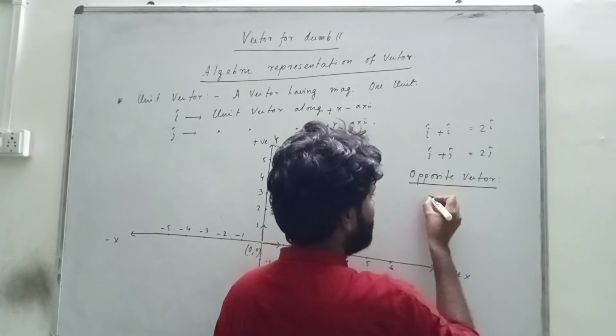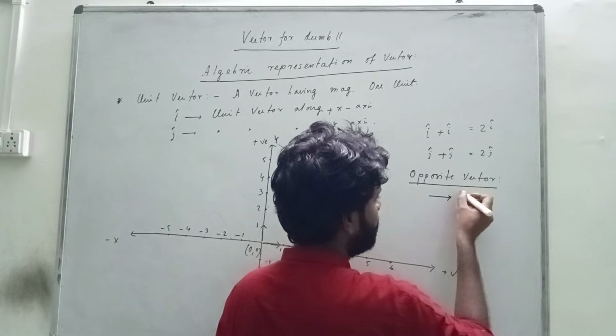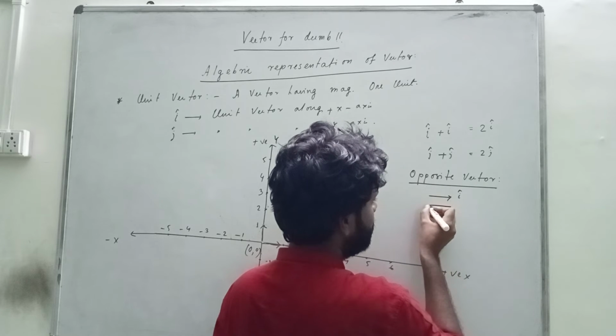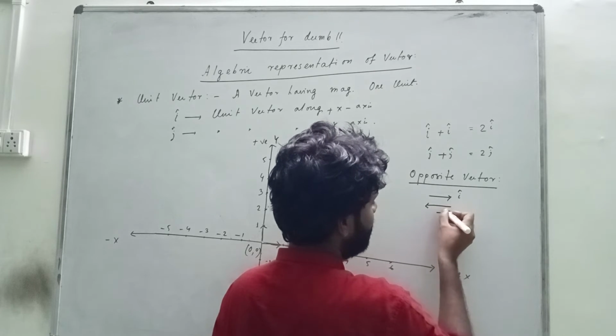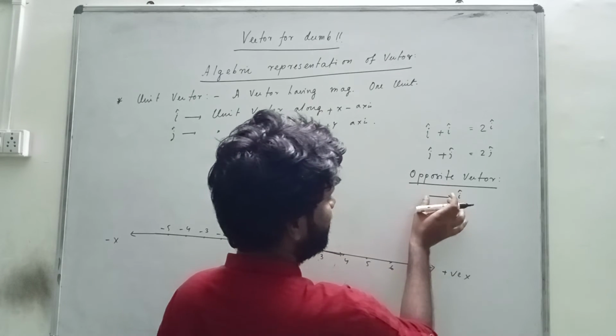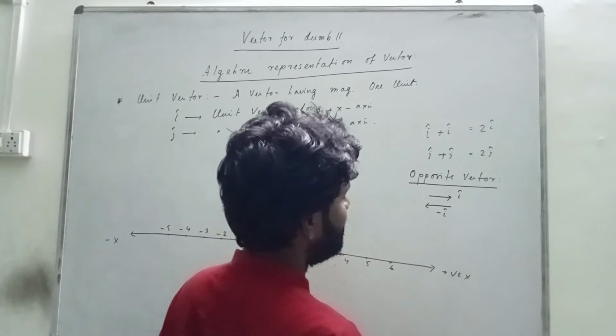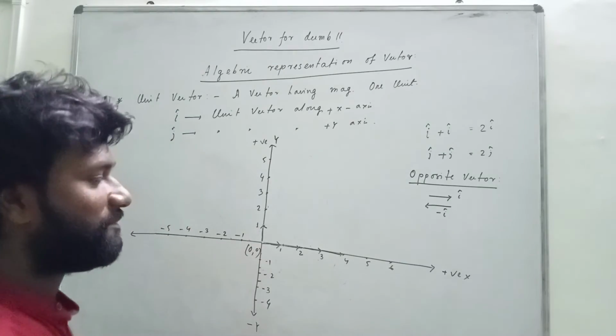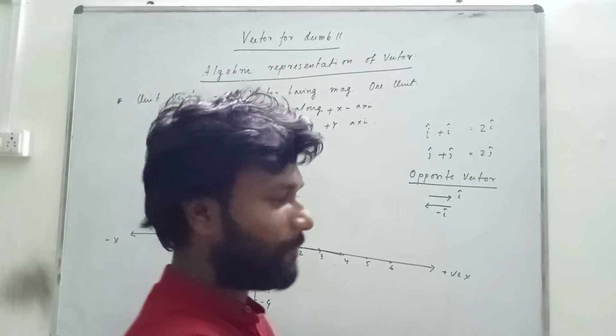So if it is your i cap, obviously the opposite is your minus i cap, right? Because the length and magnitude of these two vectors are the same, but the direction is just opposite.